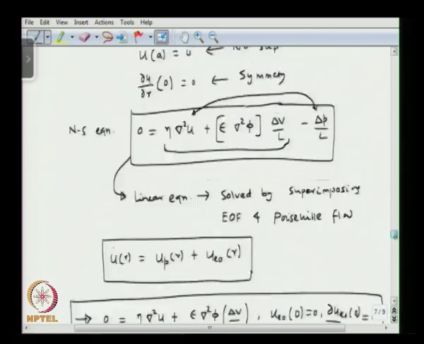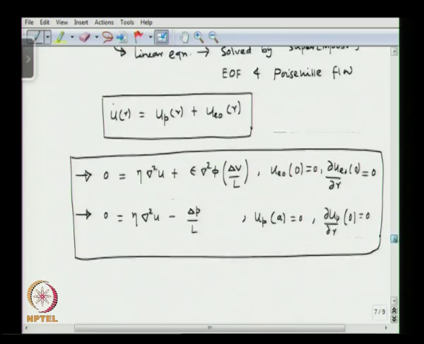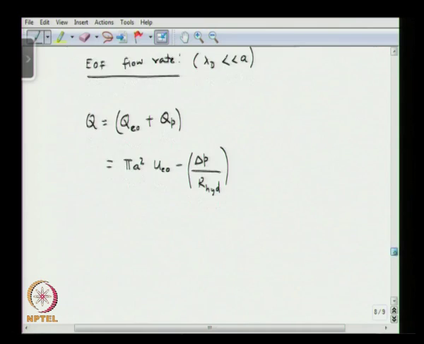We can see it here, the electroosmotic flow is going to be in this direction and the pressure driven flow is going to be in the opposite direction. So, this is going to be the QO and this is going to be the QP. So, there is a negative sign.